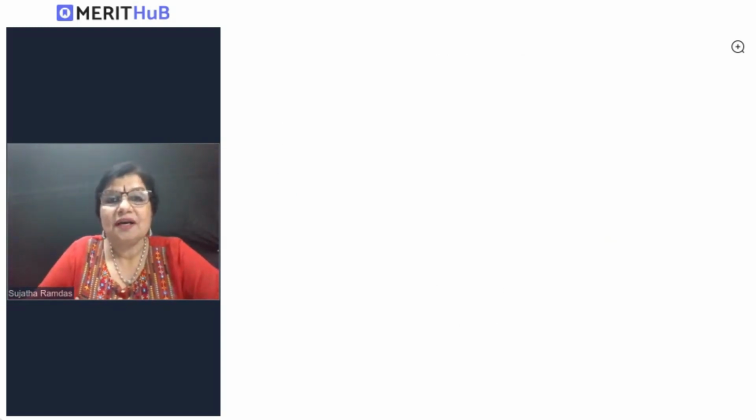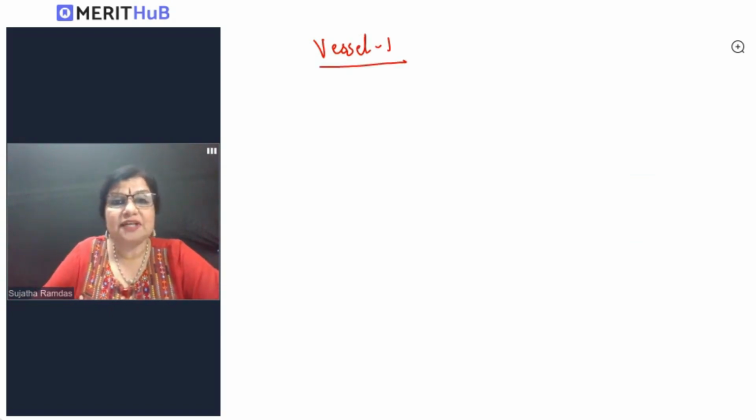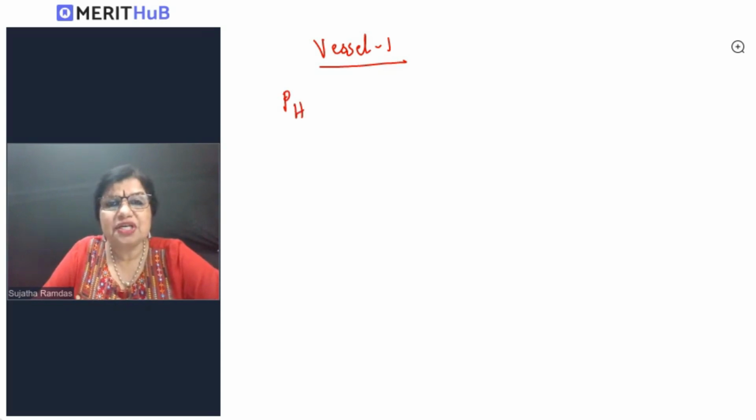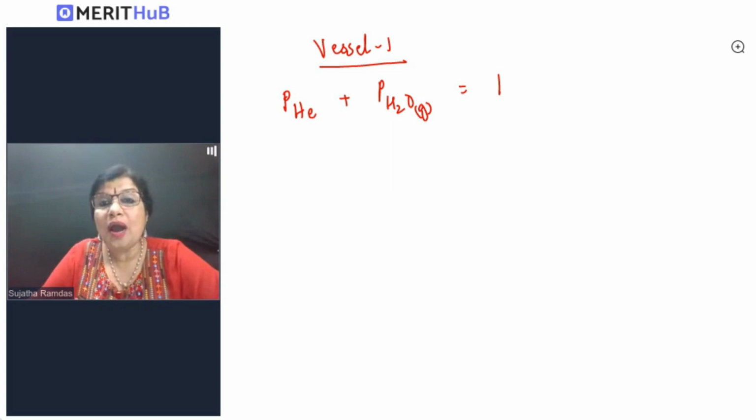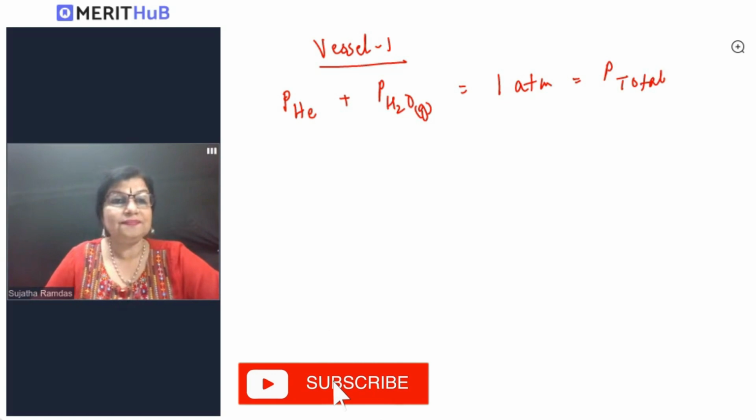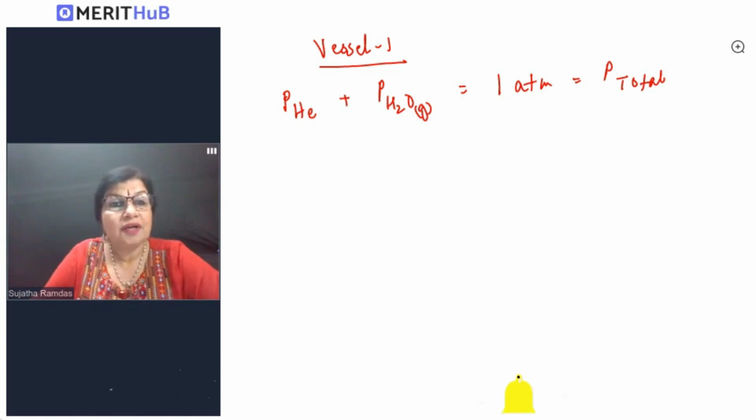So we have vessel 1, the first vessel. So what is the information conveyed? So we have 2 gases. One is helium gas and we have water vapor, right? Now, the sum of the partial pressures of helium gas and water vapor is found to be 1 atmosphere. So this happens to be P total. All right. You are provided with the partial pressure of water vapor.